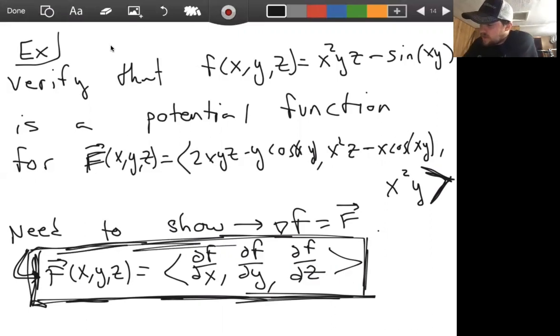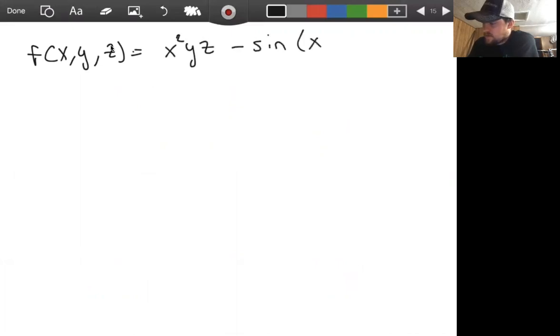And so let me copy the function down here, and then we can take our partial derivatives. So we have x squared yz minus sine xy. Let's take the partial derivative with respect to x.